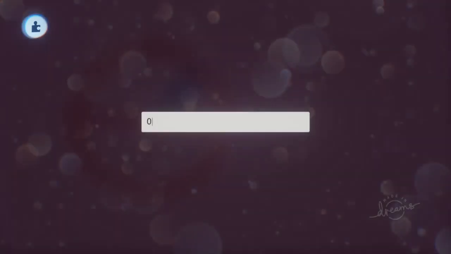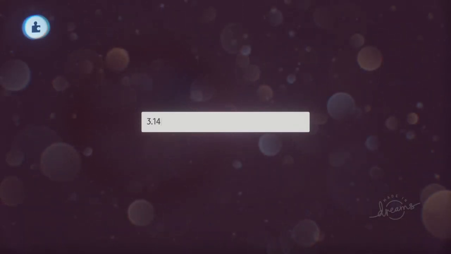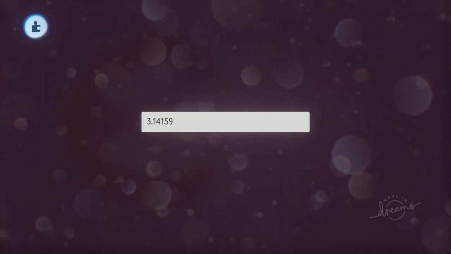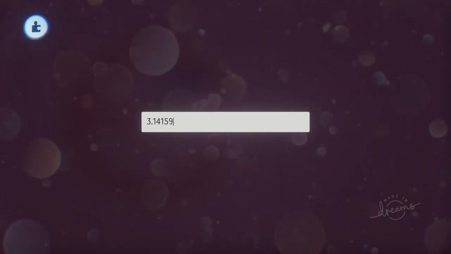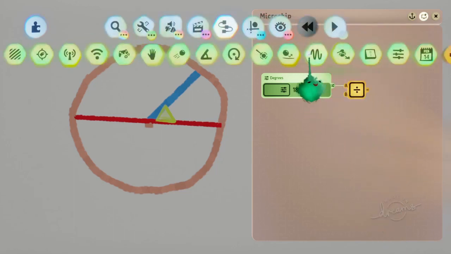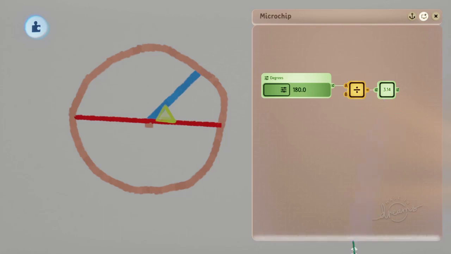So then we can write in here 3.14159, and you can do as many digits as you want, I guess, but that's all I can remember. So that will now multiply that by pi and then divide by 180, and then that gives us the result that we're looking for. If we wire that into a slider over here, that gives us the pi value.